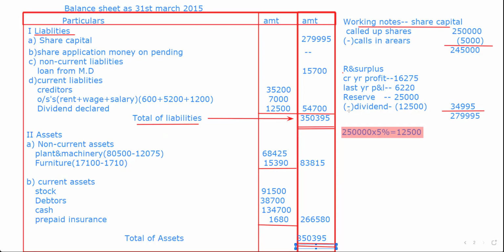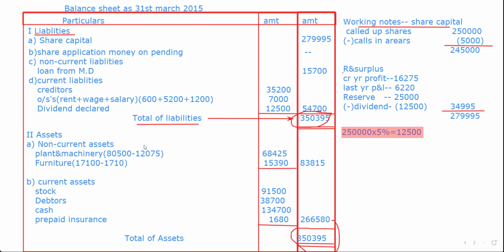So this is the total we have got. Hope it is very much clear for everyone. So this is the total we have got on both the sides. This is how the total we have got it as 3,50,395 here, as well as here we got the total of 3,50,395.